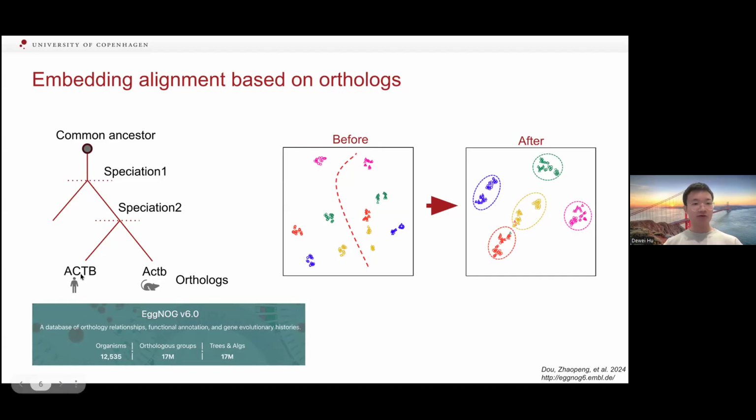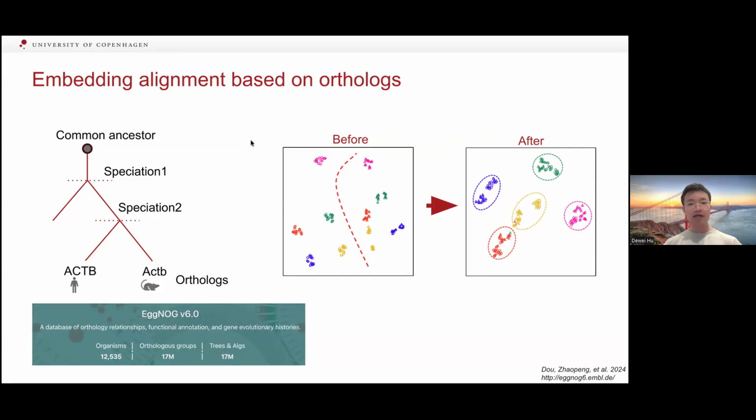They evolved from a common ancestor, and even after many speciations, they still have a lot of common functions, and they share some sequence similarities. We also have a collaboration with another group from Madrid, and they do the database called eggNOG, which covers almost all the species from STRING. So you can find the ortholog proteins for any species in STRING from this database.